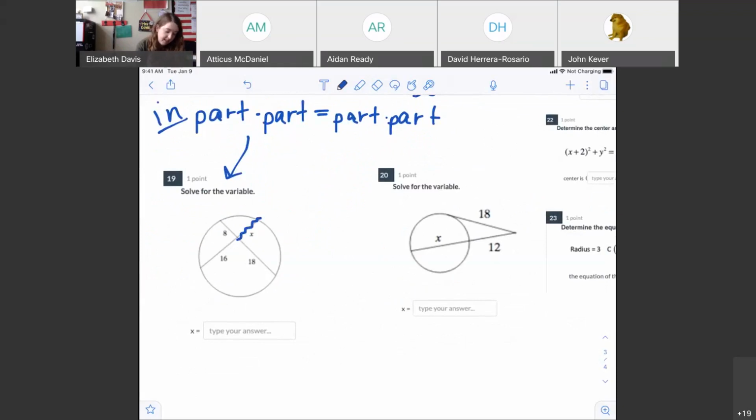So my outside part is x. What do I multiply x by in 19? 16, good. And what do I multiply together on the other side?